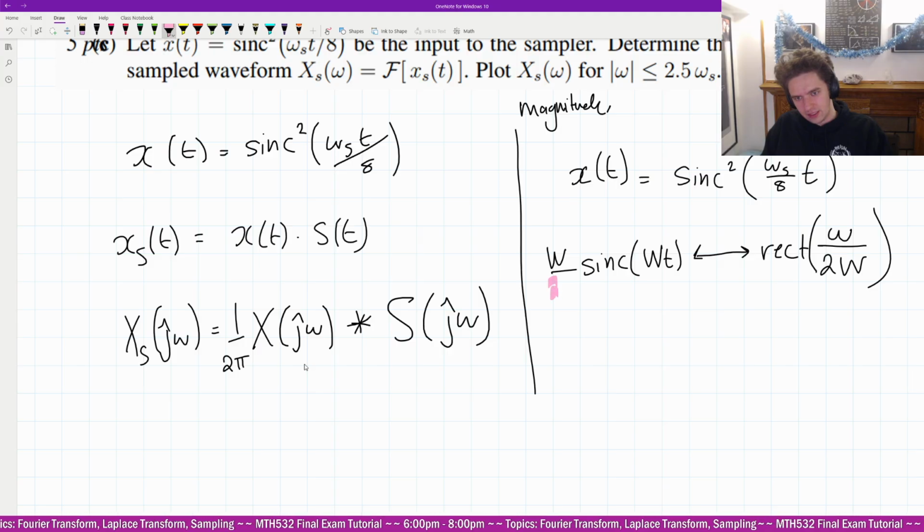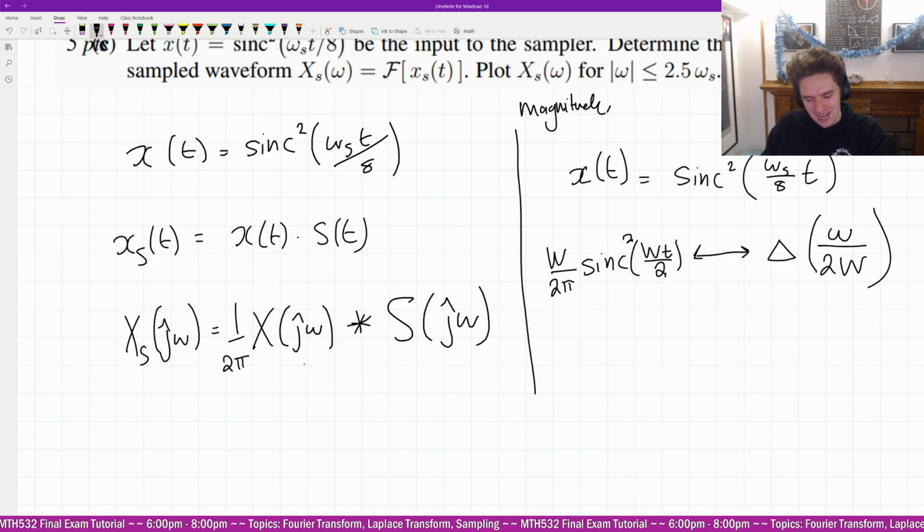It's W over 2 pi sinc squared of W t over 2 turns into a triangle of omega over 2W. Let me just confirm that. Okay, that seems right.